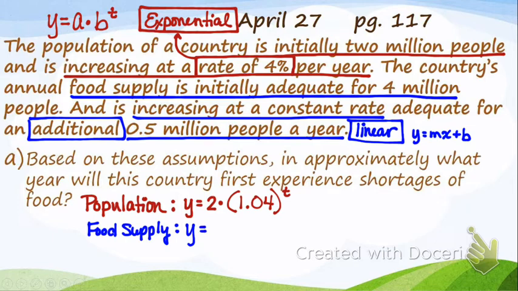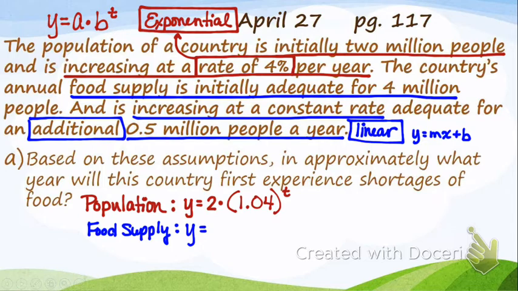So y equals, how would I write this? The 4 million? So we're going to use 4, and that's going to go in which place? Is that my slope or my starting amount? Starting amount. So it goes in here.